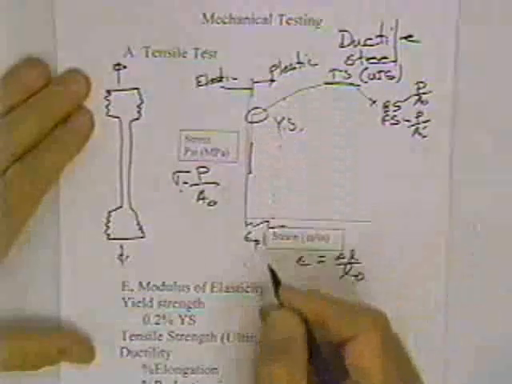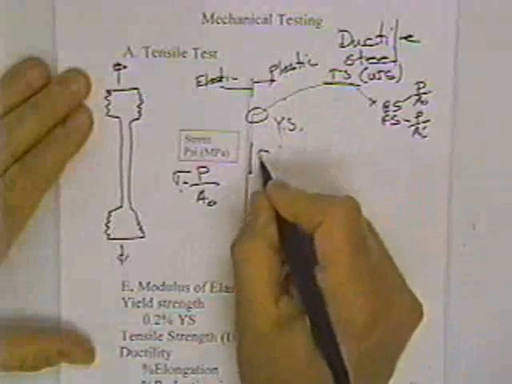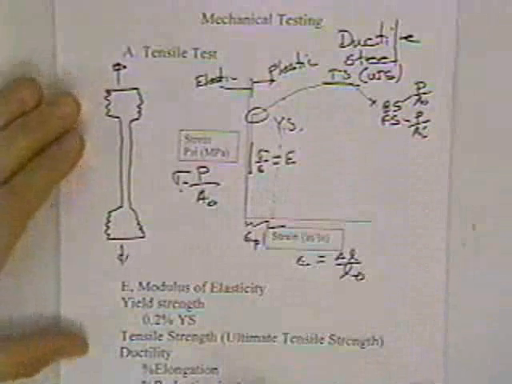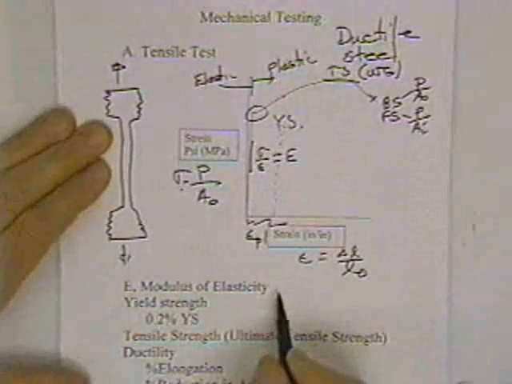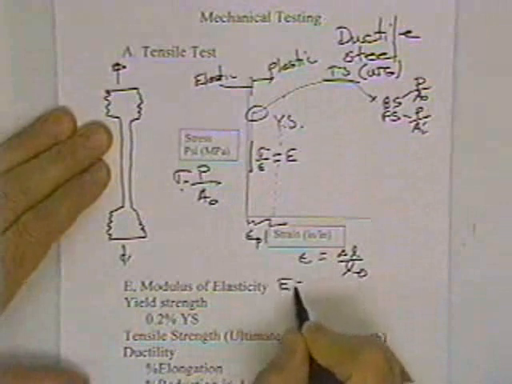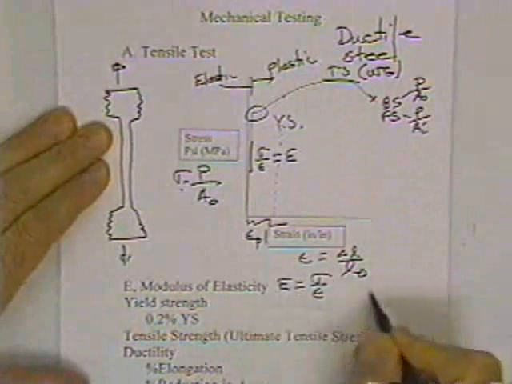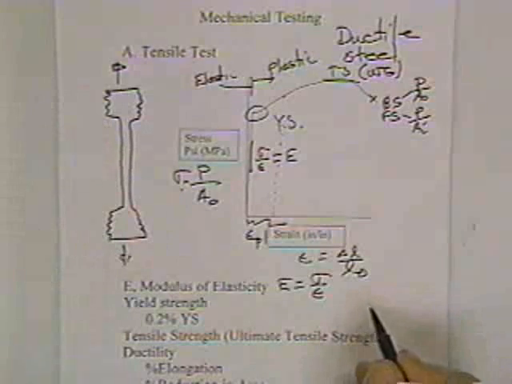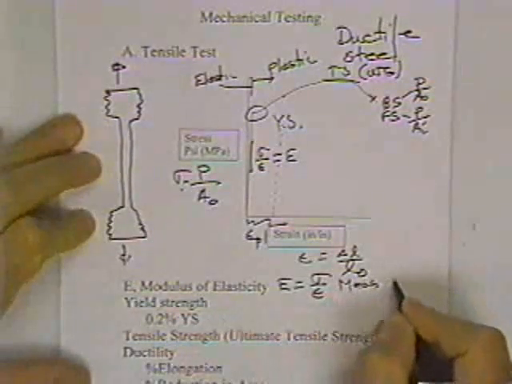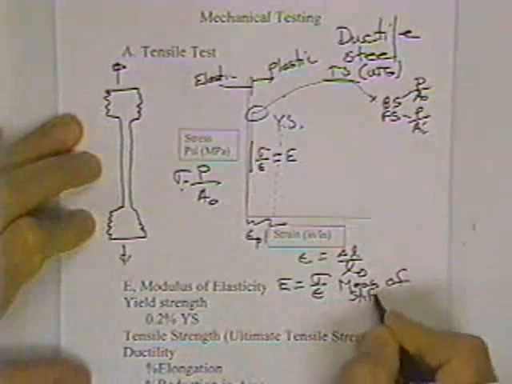The slope of this elastic portion, the stress divided by the strain, is equal to the modulus of elasticity, or for polycrystalline materials, Young's modulus. So the modulus E is equal to the stress divided by the strain. That comes up in a lot of static analysis. The modulus of elasticity is a measure of stiffness.